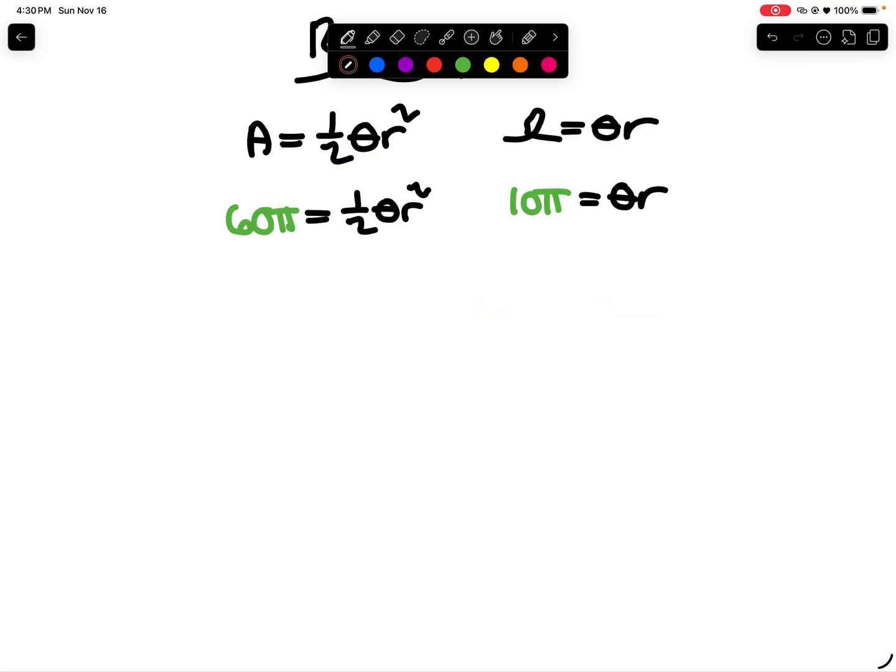So meaning I'm going to rewrite the area as 60 pi equals 1/2 theta times r. And then right here, the theta r, this is going to be my arc length. So I'm going to sub in 10 pi for the arc length right here.